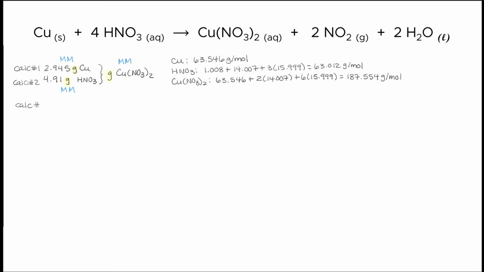So for calculation number 1, we start with what we're given, which is 2.945 grams of copper. The next step is molar mass. So for the units to cancel, we need grams of copper in the denominator and moles of copper in the numerator. The molar mass is always the mass of 1 mole, and then the grams will be 63.546.